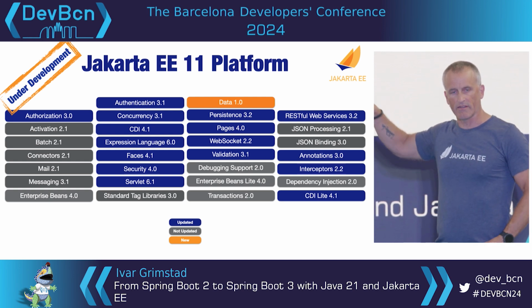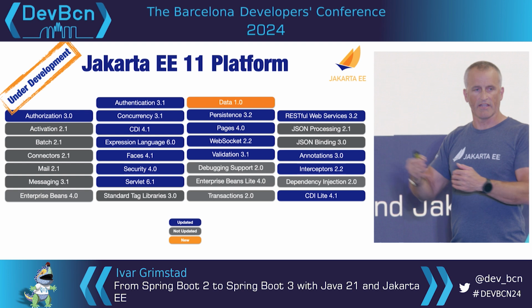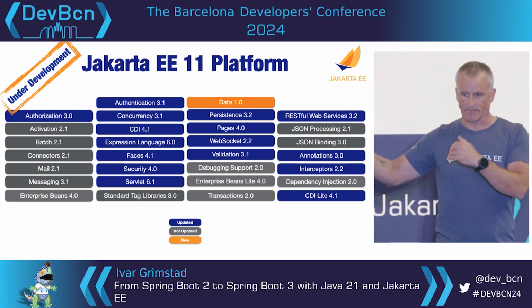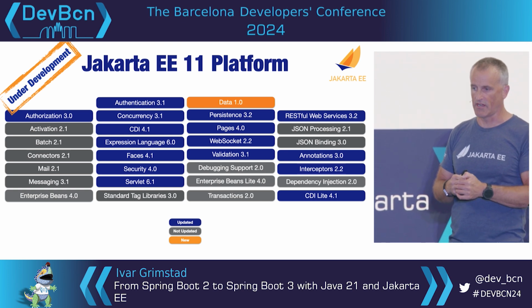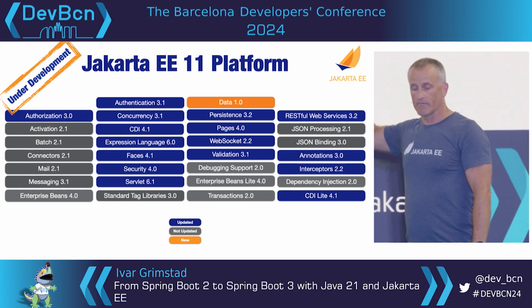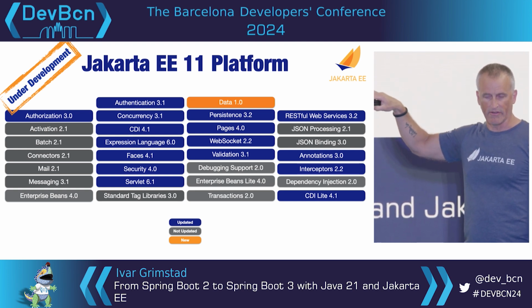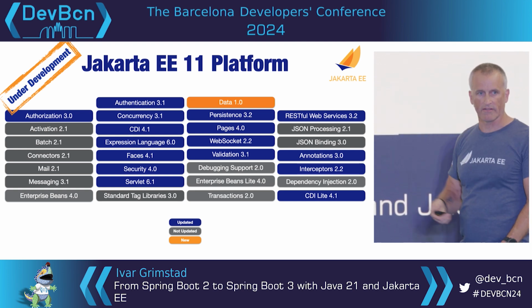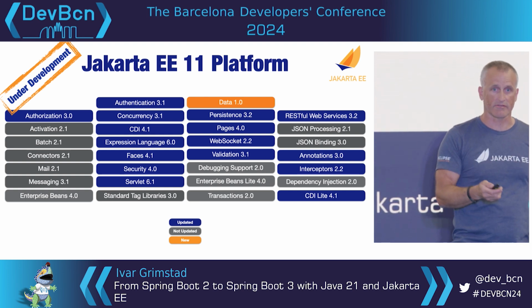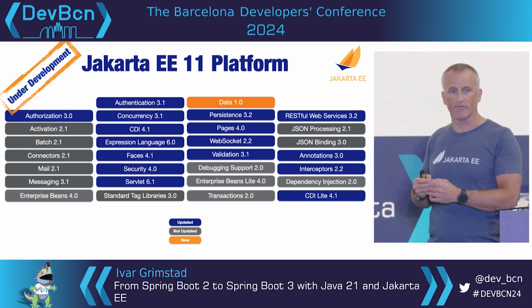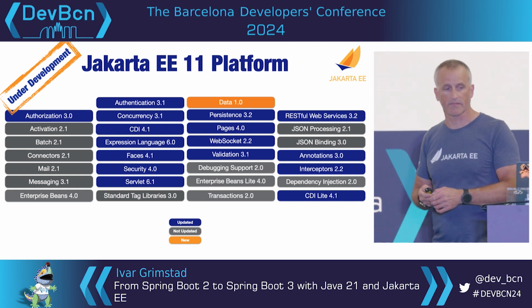They usually take what's latest in that implementation. So the latest version of Hibernate may give you Persistence 3.2 already now in Spring Boot 3.3, but I think you have to wait till 3.4 to get it. But it doesn't have to be a major version of Spring Boot to get a new platform version of any of the specifications in Spring.